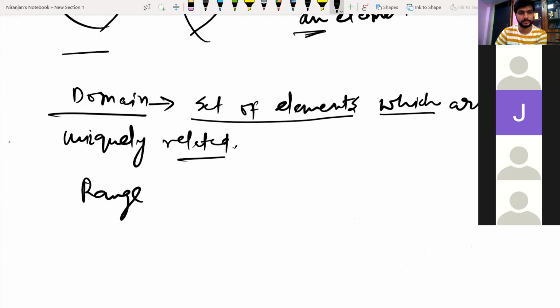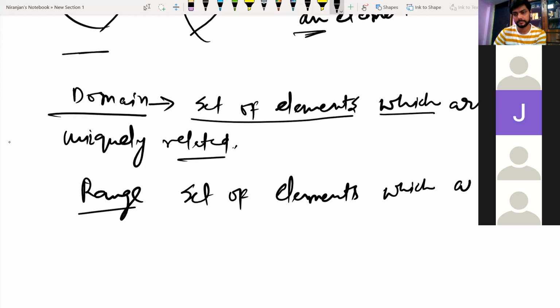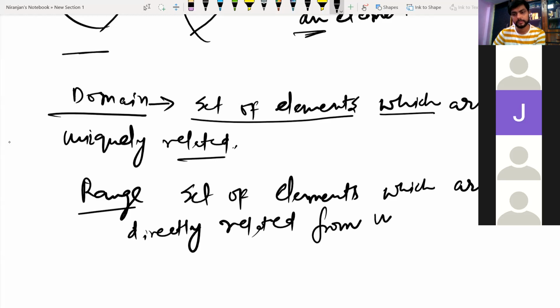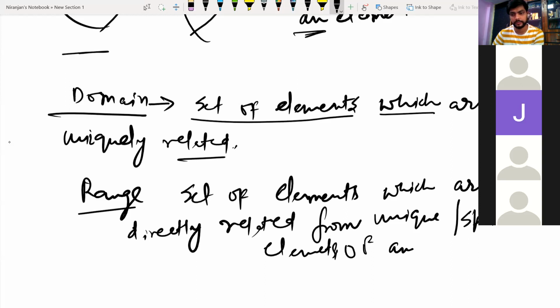Range: the set of elements which are directly related from a specific element of another set.